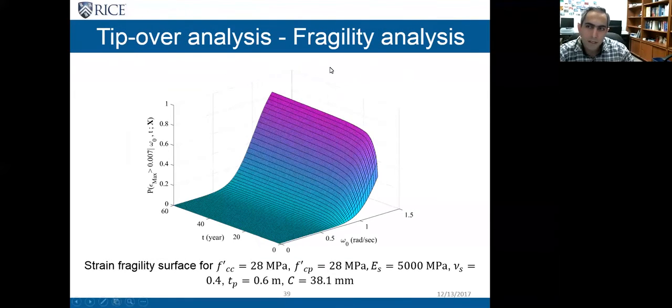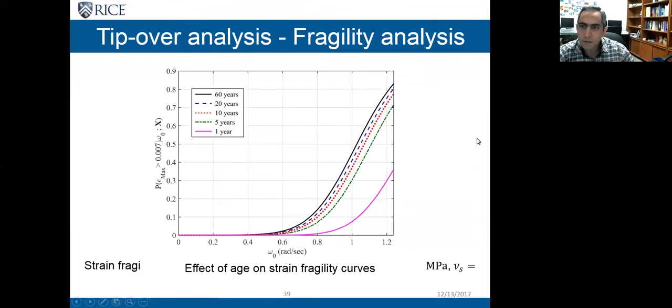So for fragility analysis, I chose a limit and developed a fragility surface as a function of the initial angular velocity and age of the cask. Looking at different cross-sections of the fragility surface, we see that the fragility increases with the age of the cask. It means aging increases the probability of failure.